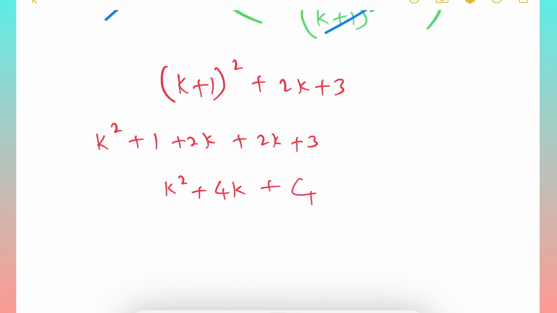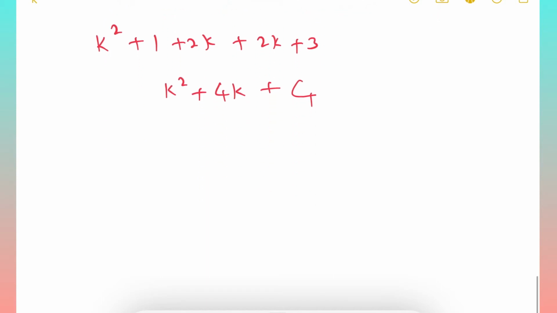Okay, now if we observe the answer clearly, k square plus 4k plus 4, it is in the form of k square plus 2 into 2k plus 4 can be written as 2 square. So a square plus 2ab plus b square form, that is nothing but a plus b whole square. So k plus 2 whole square. This is what exactly we got final.